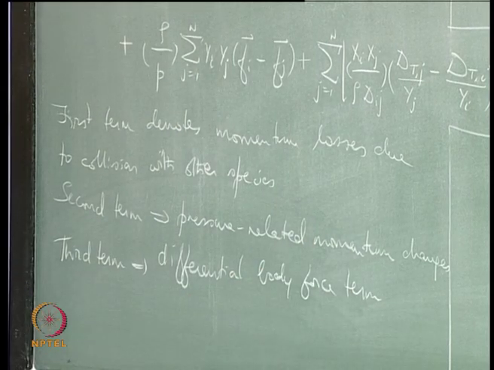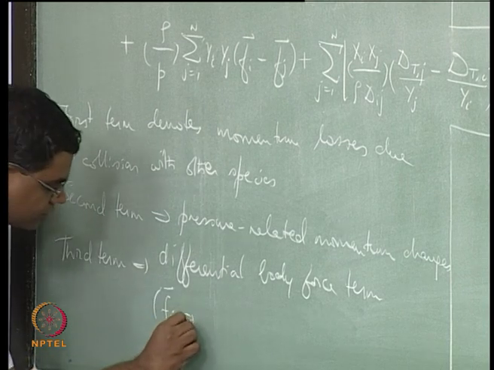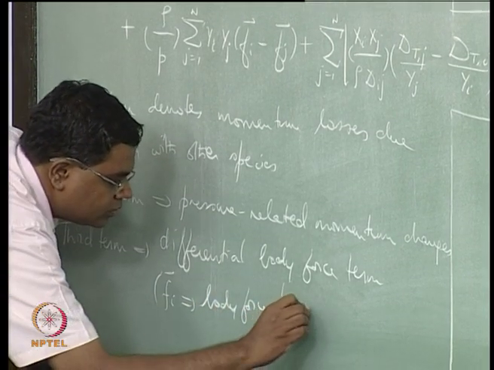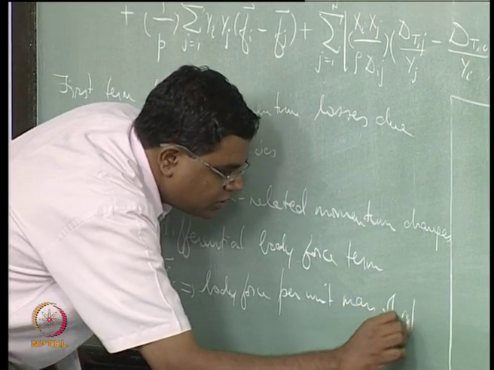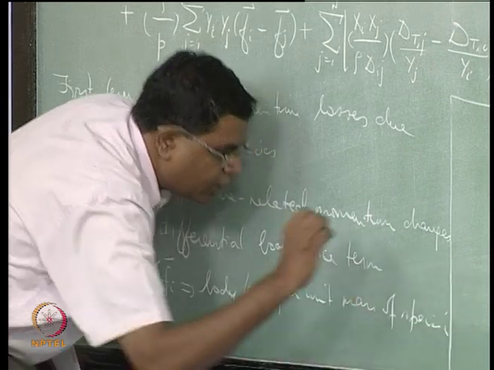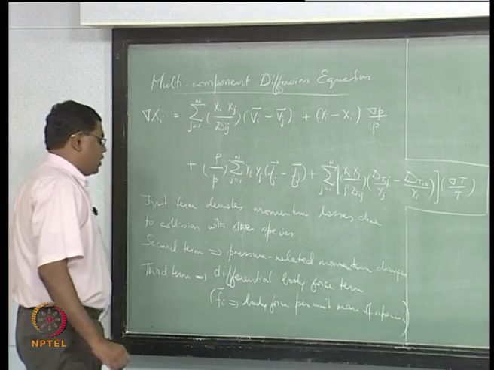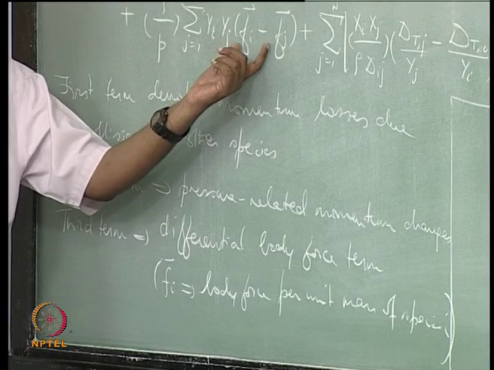Here Fi vector is body force per unit mass of species i. The same holds for j, and we are looking at the difference between the two. This is a vector difference, keep that in mind.